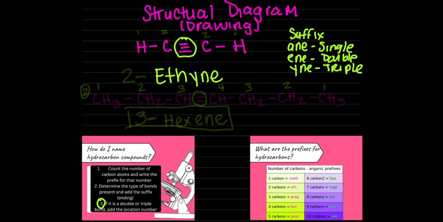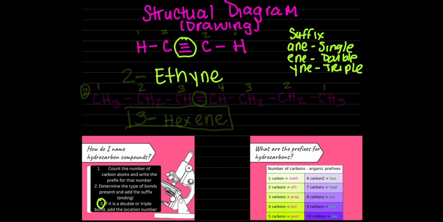The location number being identified is important, and it goes to when they are giving us the structural diagram. This is very important, and I think this is sometimes where people make mistakes. And that's fine because we're all learning, but I want to make sure that you understand that this is very key. So please pay attention when it comes to this.